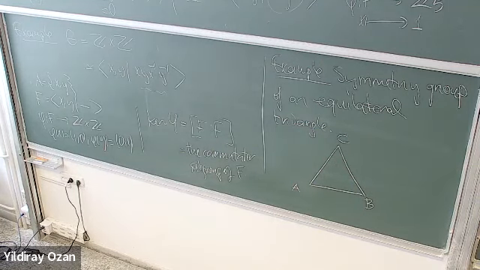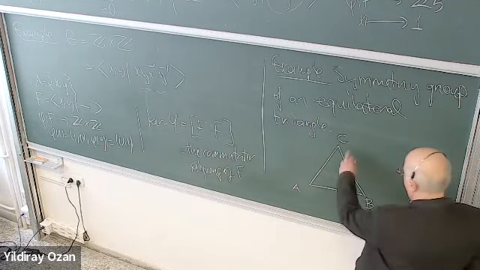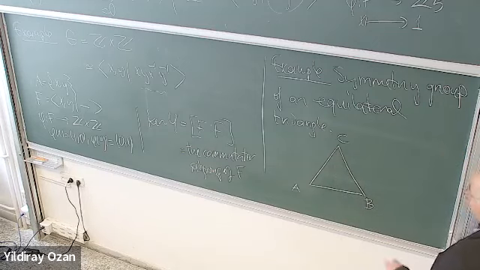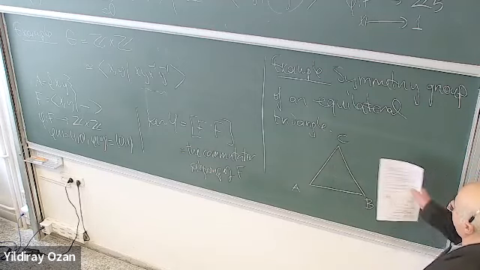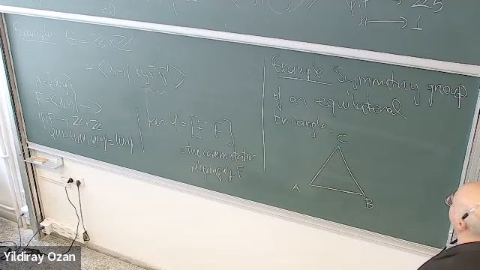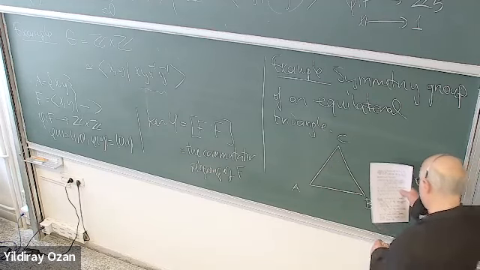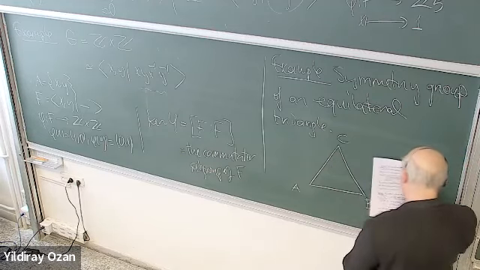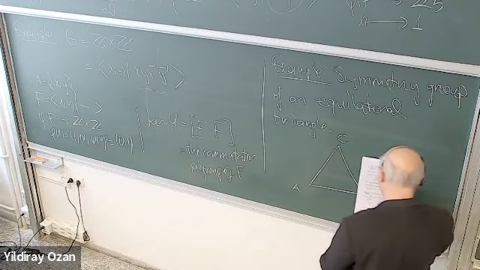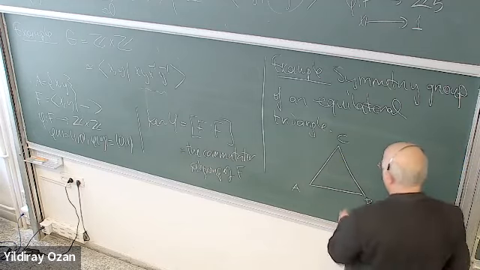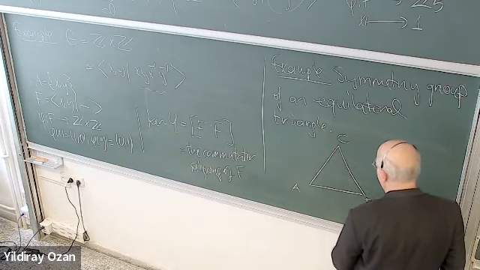then any permutation of these three letters corresponds to a symmetry of the triangle, and those symmetries are reflections and rotations.